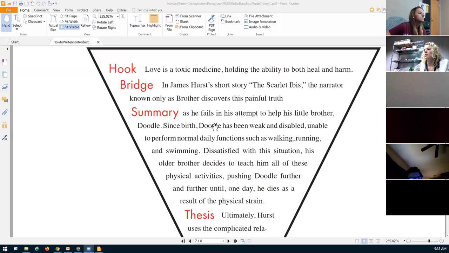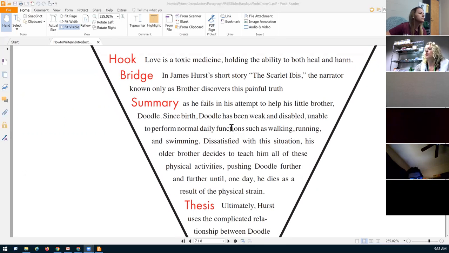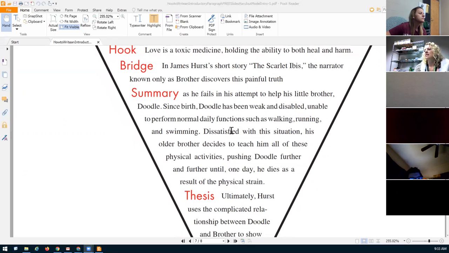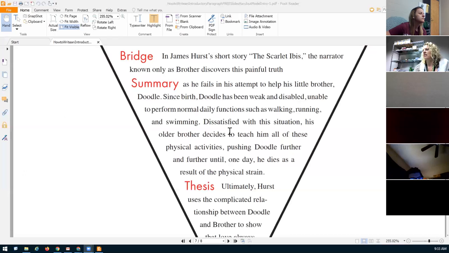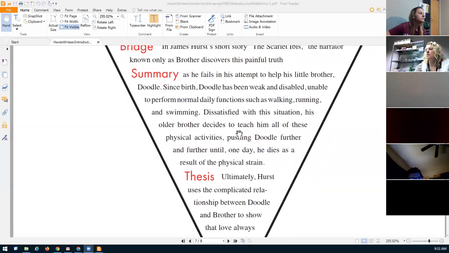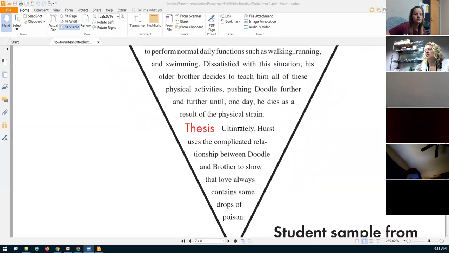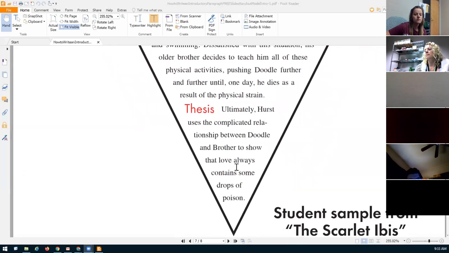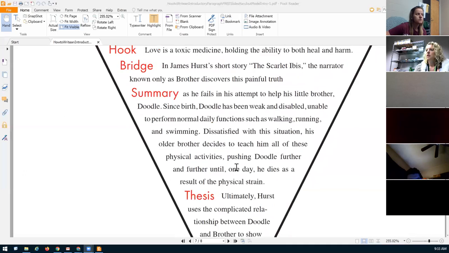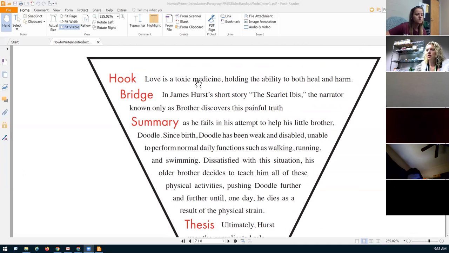Since birth, Doodle has been weak and disabled, unable to perform normal daily functions such as walking, running, and swimming. Dissatisfied with the situation, his older brother decides to teach him all these physical activities, pushing Doodle further and further until one day he dies as a result of physical strain. Ultimately, Hurst uses the complicated relationship between Doodle and the brother to show that love always contains some drops of poison. Okay, so this is the hook.